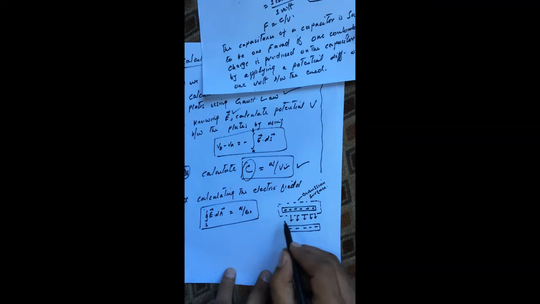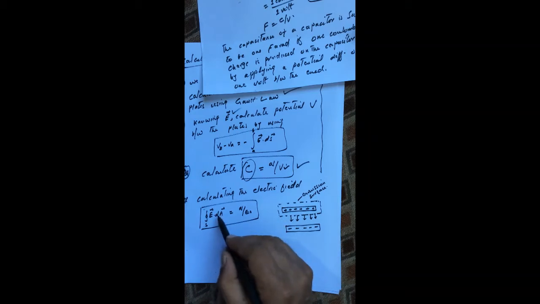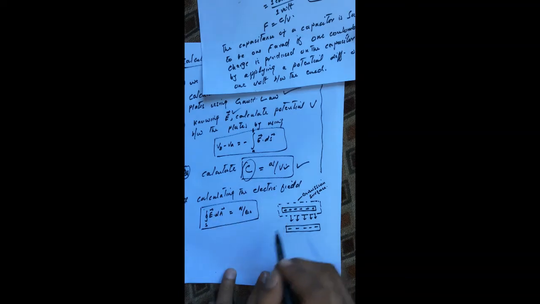Now if we look at this equation, we have the area element dA. We can take only those area elements through which the flux passes. If we look here, the flux passes only through this area. So I will consider a small area element here. This is the small area element dA.